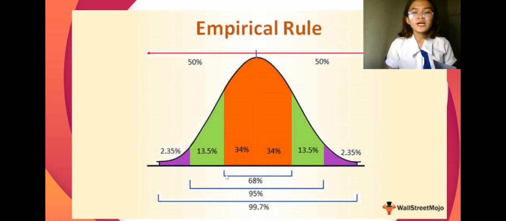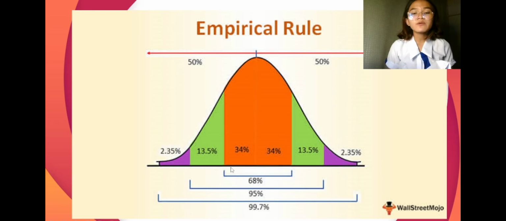And here, this is 13.5%. Of course, we divide our 95 by 2, which is 47.5, and we subtract 34 from our 47.5, and our result is 13.5.